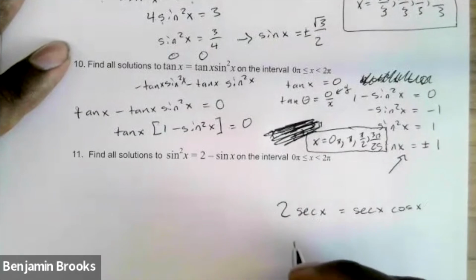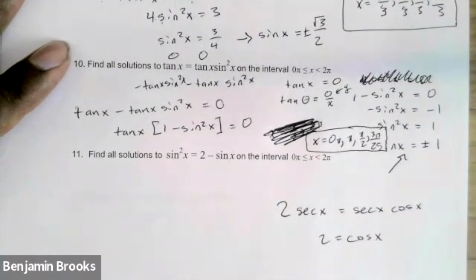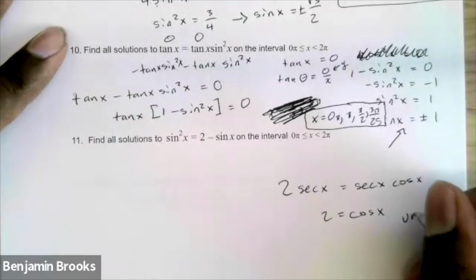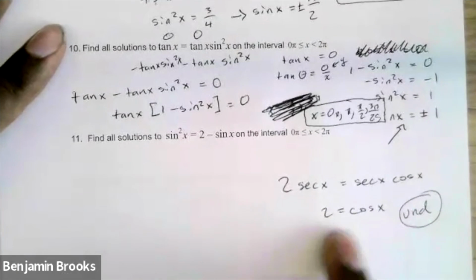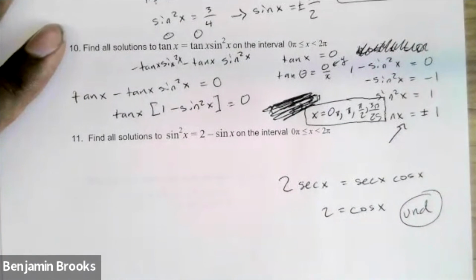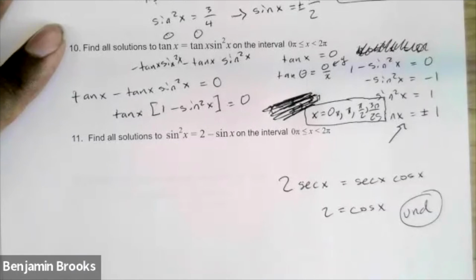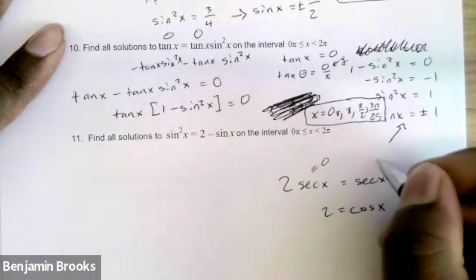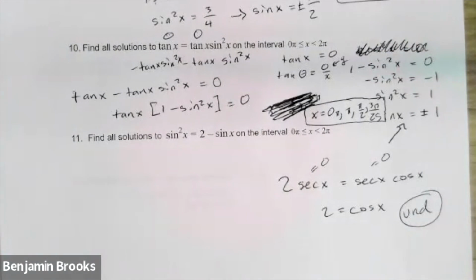And you divide both sides by secant x, you end up with 2 is equal to cosine x, right? Well, the problem with this is it's undefined. Why? Because remember, cosine only bounces between 1 and -1. So cosine x equals 2 makes no sense. So then we've cut out completely where secant x could be 0 by dividing by secant x. So that's why we subtract over first and then factor out.